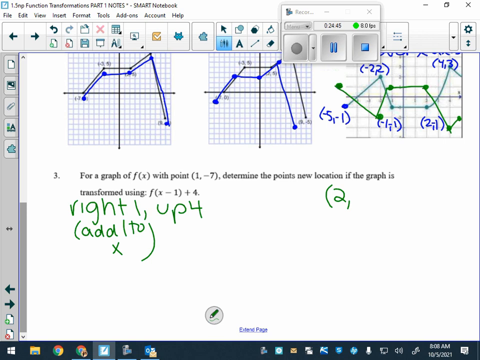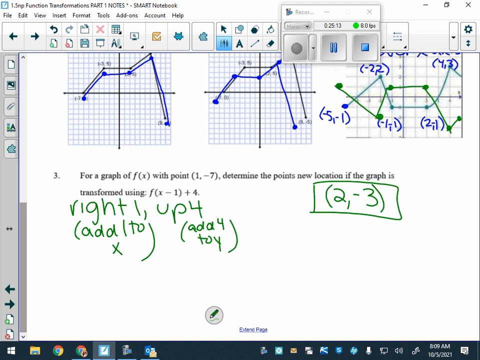Now if I'm moving up 4, what operation am I using? Yep. So what's my new y value? Emily? -3. So that would be your new point.